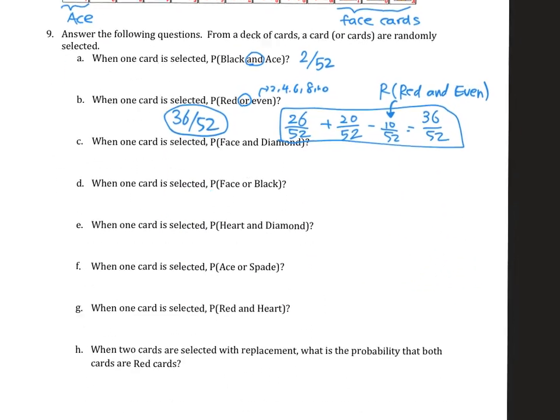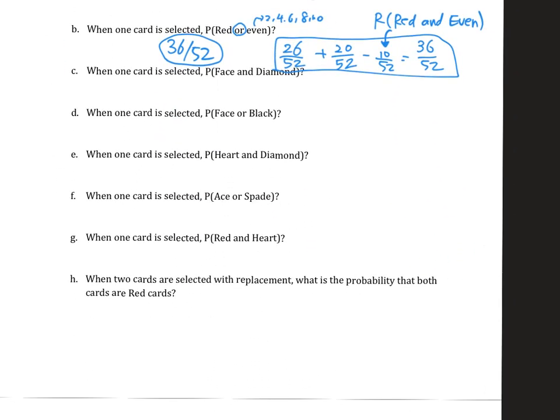Let's see, is there a conditional probability? Nope. So here, let's do the last part, part H. When 2 cards are selected with replacement, what is the probability that both cards are red cards? Here, I notice they're selecting 2 cards.